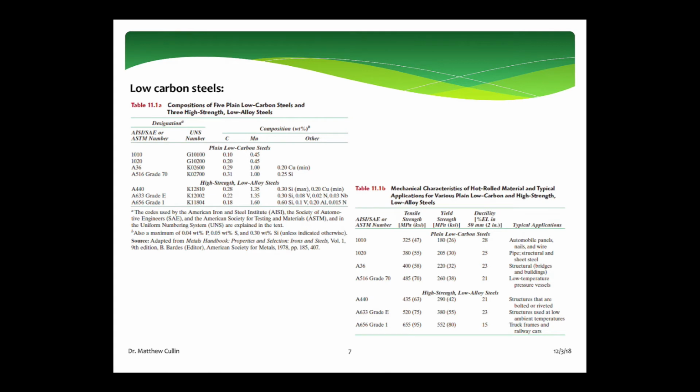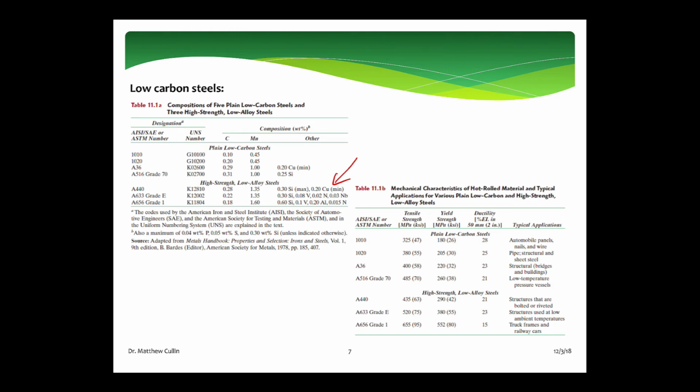And this just gives you an idea of some of the steels that are available. This is by no means an exhaustive list, but it gives you hopefully a feel for what we're talking about. So if you look at A440, which again is an ASTM grade HSLA steel, you can see what's actually in there, right? Low carbon, but you've dropped in 0.3 silicon and the important one, 0.2 copper.